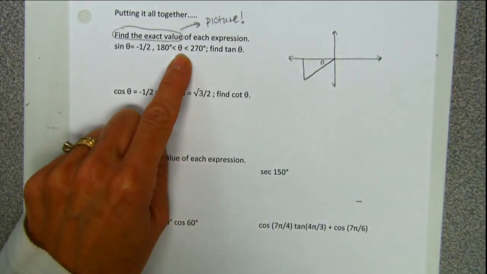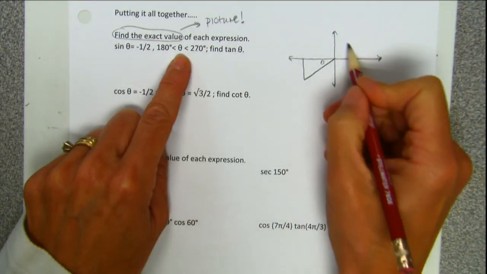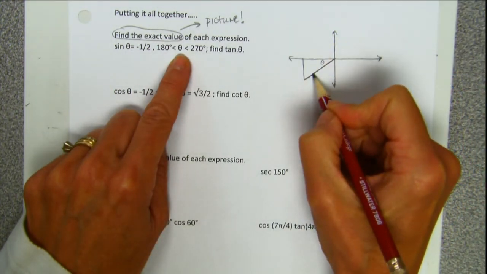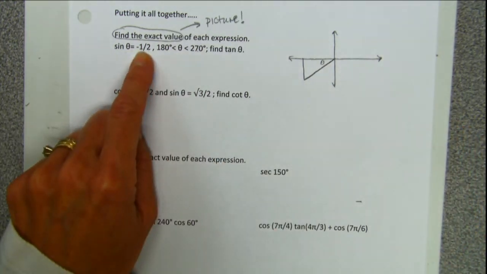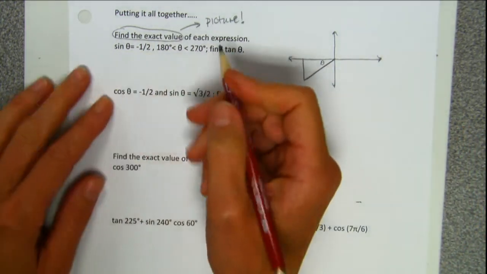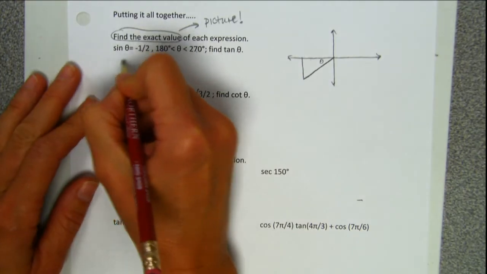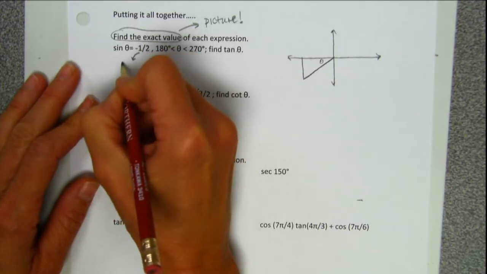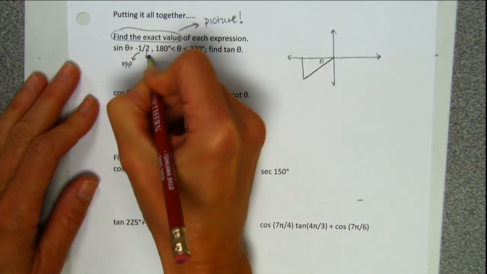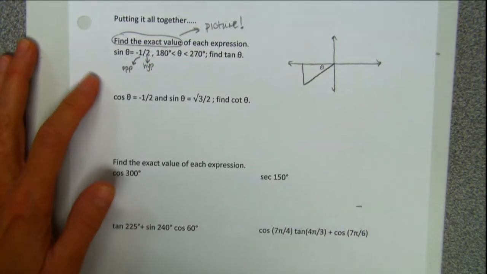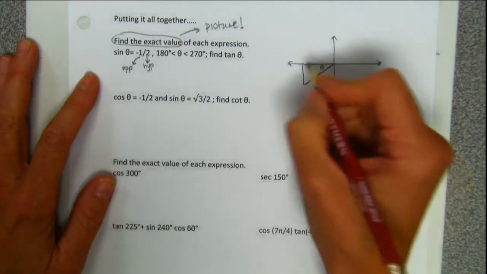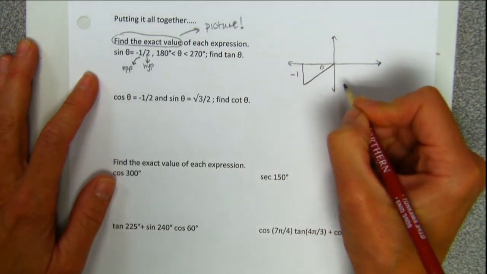And so we're going to use this reference angle. It's referring to the big one, but we're going to use this reference angle right here. It says the sine is -1/2. Isn't this my opposite? And isn't this my hypotenuse? So with respect to theta, that's very nice. They've given me the opposite.